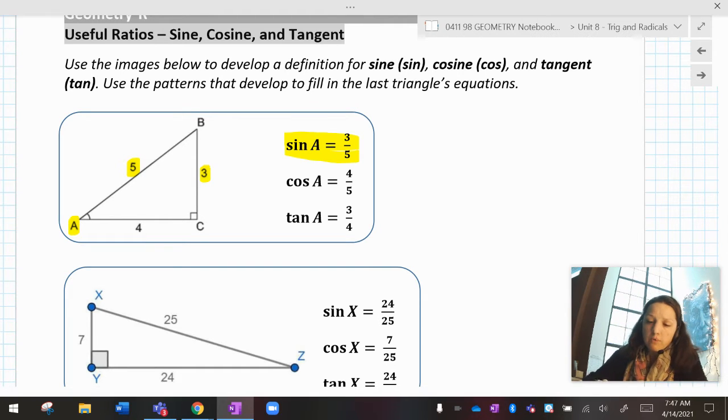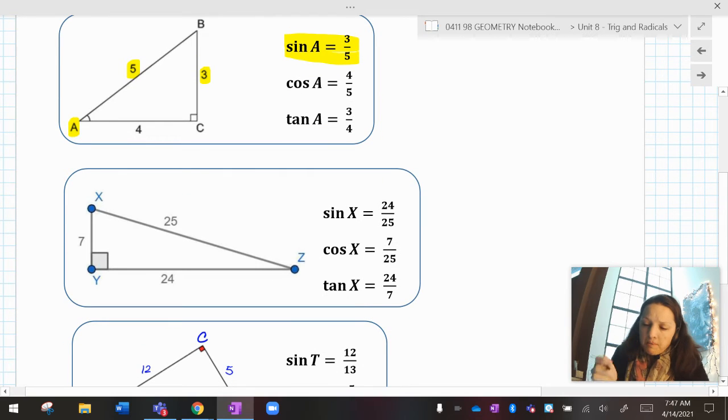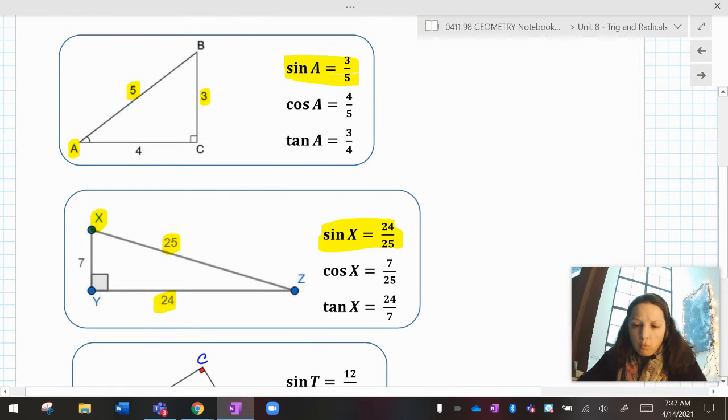So sin A equals 3 over 5. I'm going to scroll down here, and this one says sin X, or sine X, is 24 over 25. Okay, so here's the X, there's the 24, and there's the 25. Now, if I look at these, what am I noticing? Well, I'm noticing that the bottom number is like the slanty side, also known as the hypotenuse. And I'm noticing that the top number is far away from the letter for the angle.